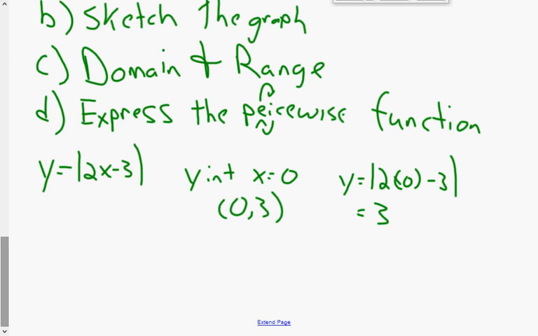Now, for the x-intercept, we know y is 0, right? I just want to make sure the textbook doesn't do something different. Right, okay. We know that for the x-intercept, y equals 0.